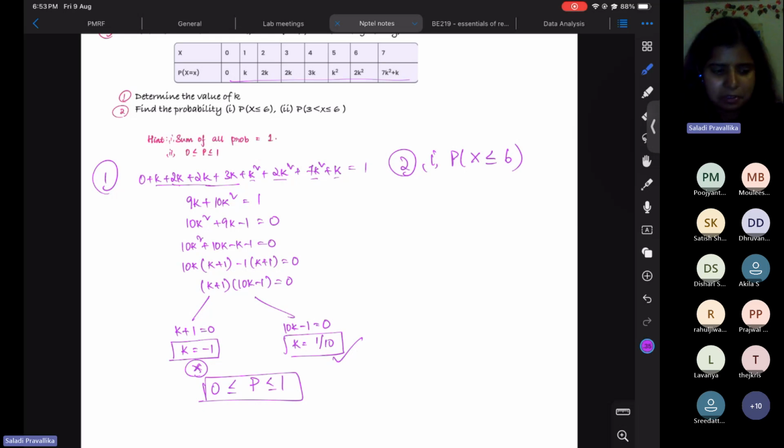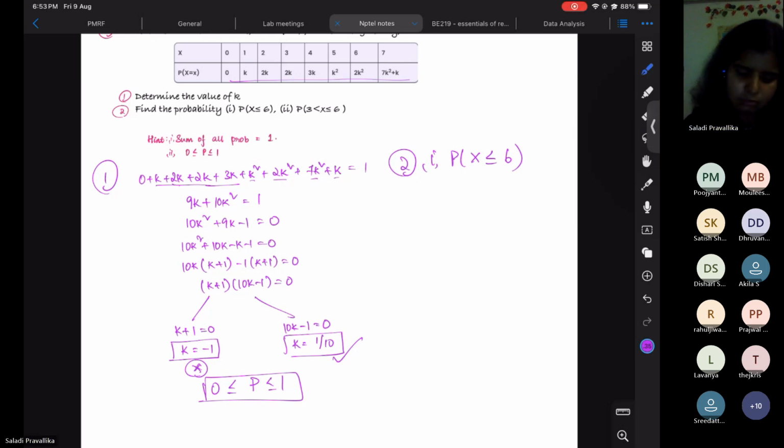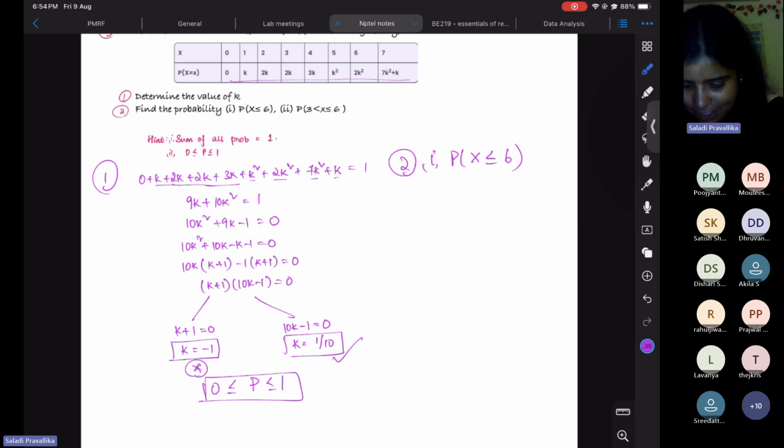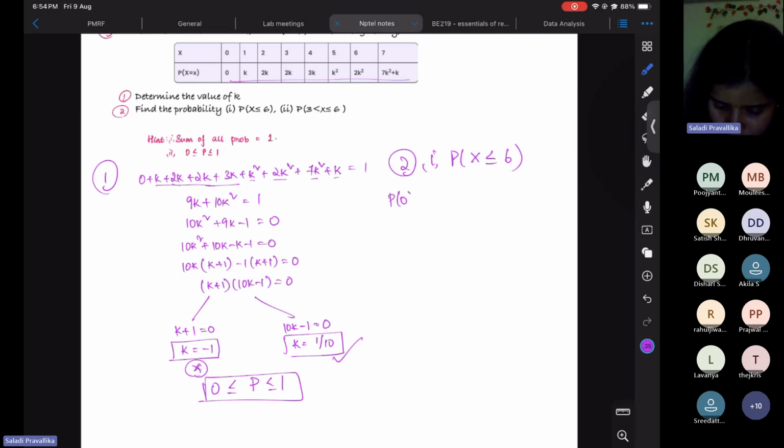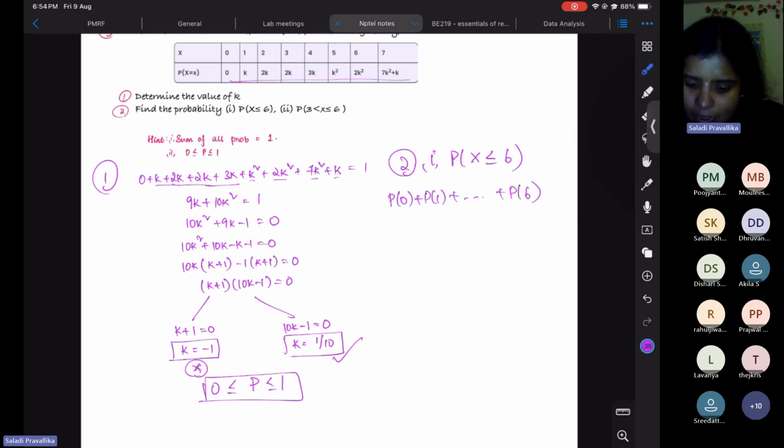Actually, I don't exactly remember the answer, but we will do it. P of x less than or equal to 6 is nothing but P of 0 plus P of 1 up until P of 6, right? So totally I'm having only 8 in my sample space.